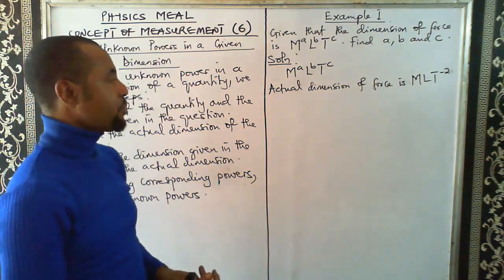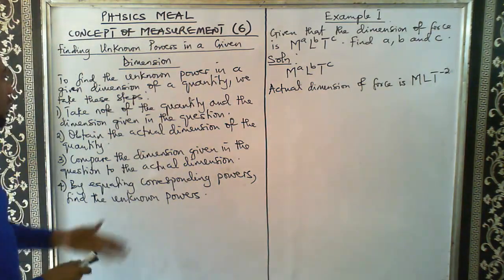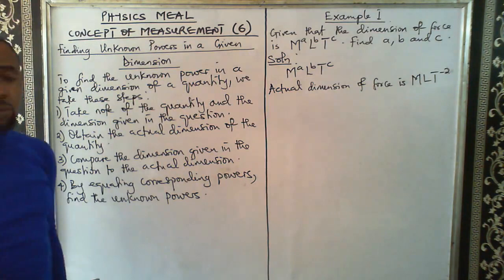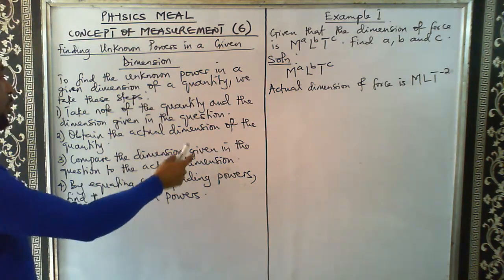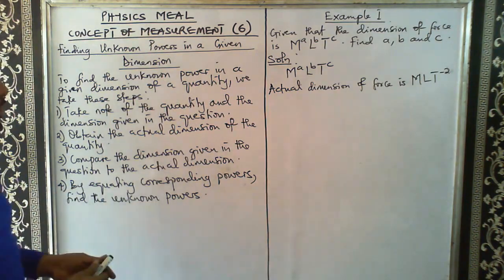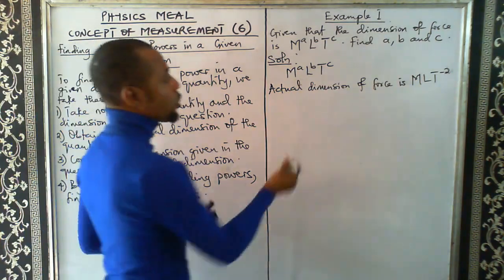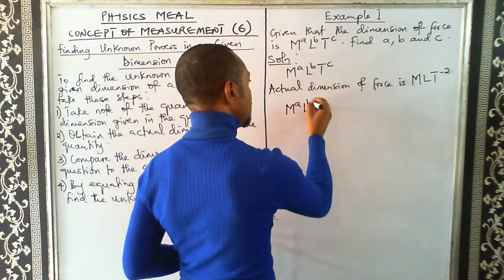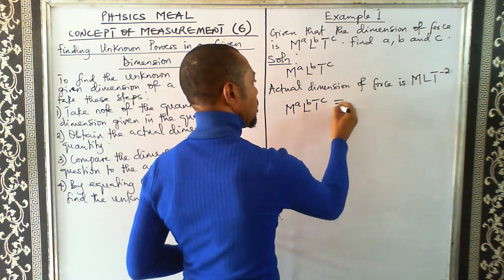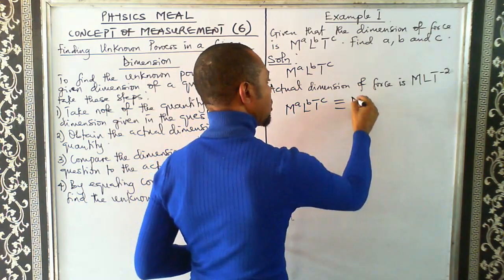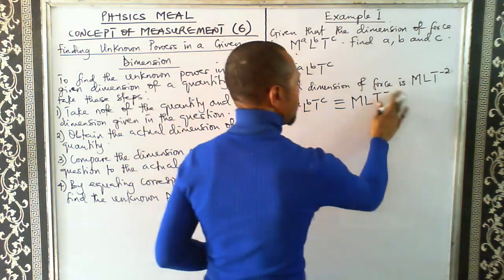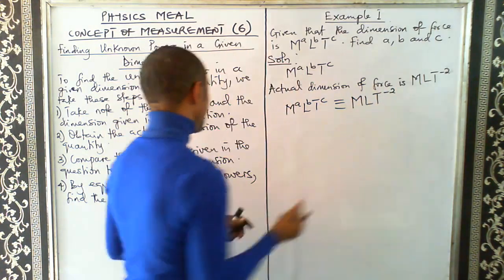Having obtained the actual dimension of the quantity of interest, we compare the dimension given in the question to the actual dimension. So let's compare. The dimension given in the question is equivalent to the actual dimension M L T to the power minus 2. So we want to compare them.